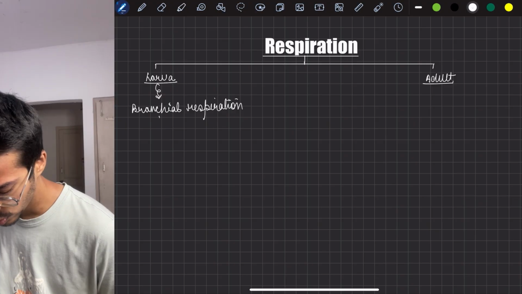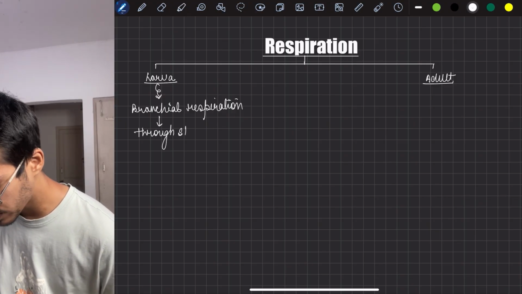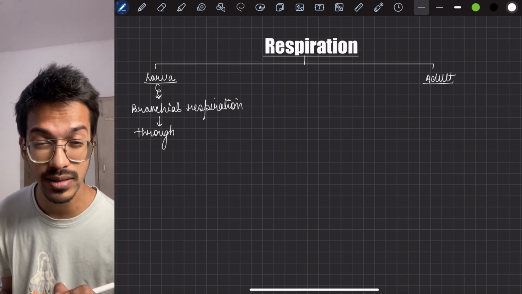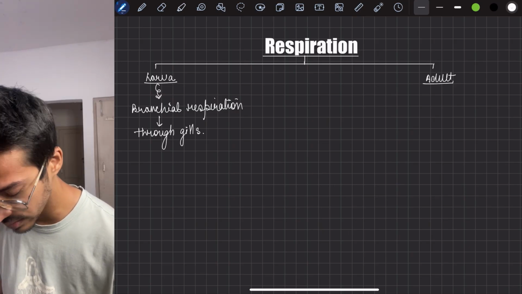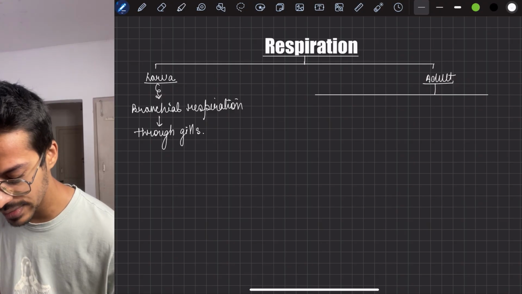Because of the presence of gills, they appear to have more fish-like characters. Whereas adults have three different ways according to the situation.